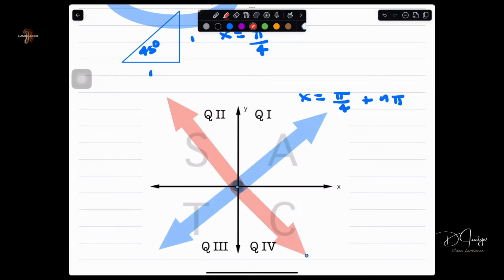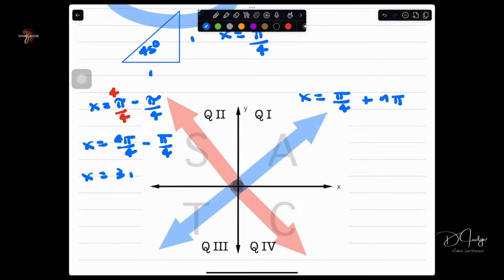So we're going to have to first get the quadrant 2 solution. That's found by saying, okay, we know x will be pi minus pi over 4. So it's thought of as a reference angle. And that essentially gives us 4 pi over 4 minus pi over 4 now.